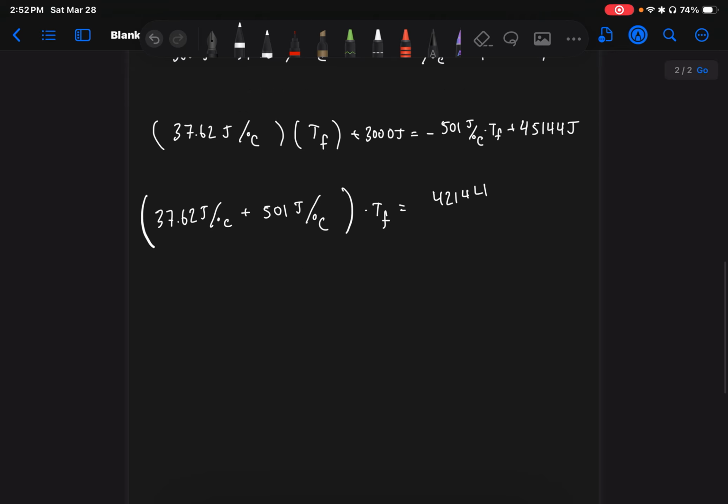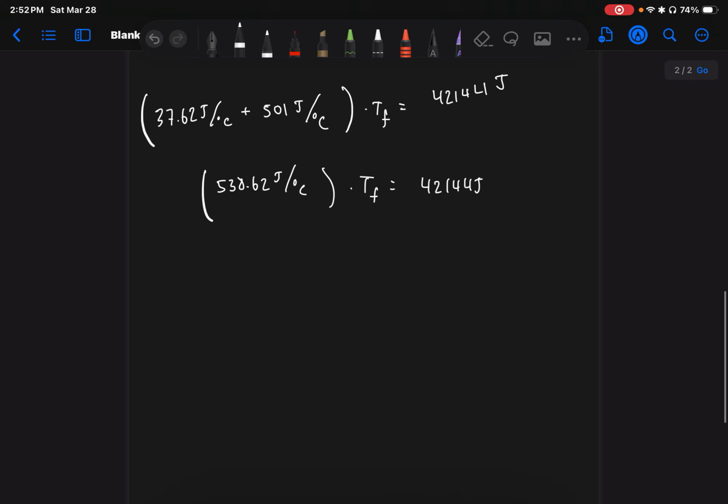Now what is 37.62 plus 501? 538.62 joules per degree Celsius. I didn't use exact values here. So 538.62 joules per degree Celsius times TF equals 42,144 joules. TF is going to be equal to 42,144 joules over 538.62 joules per degree Celsius.